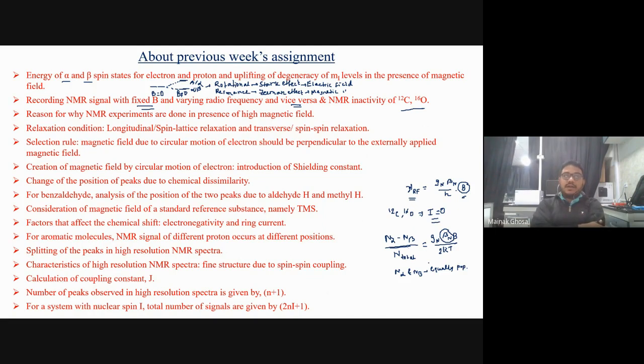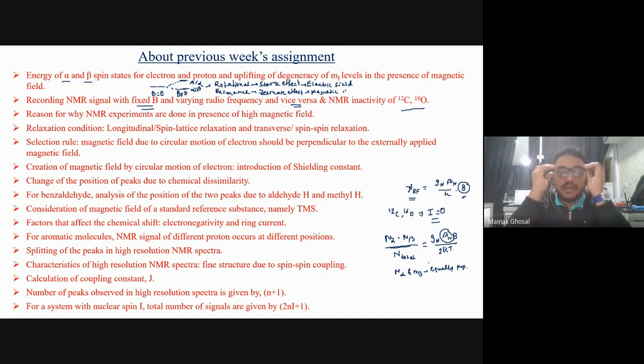To understand the spectroscopy, we need a transition, right? From the lower state there would be a transition to the upper state. For that you need a higher magnetic field, because if the magnetic field is lower, this value will be very low, and then n alpha and n beta will have almost equal magnitude, almost equal population.